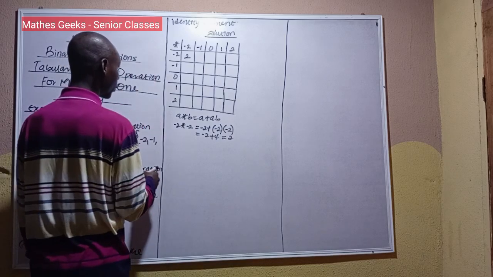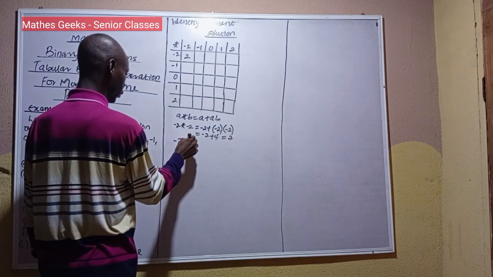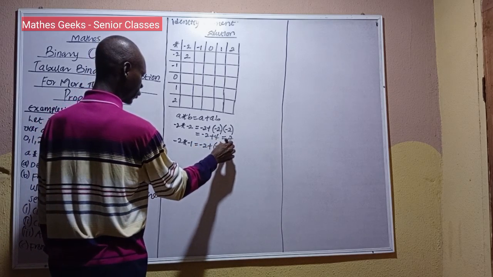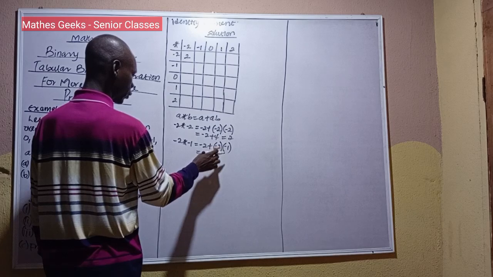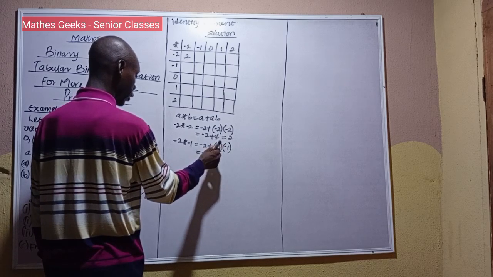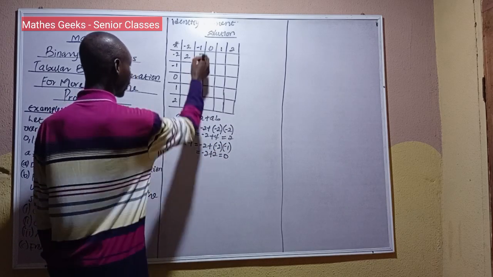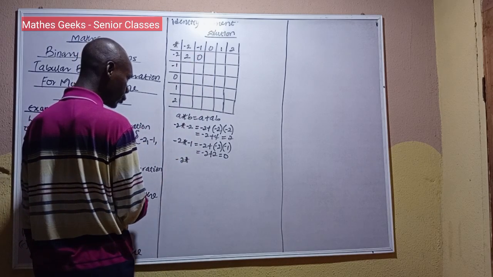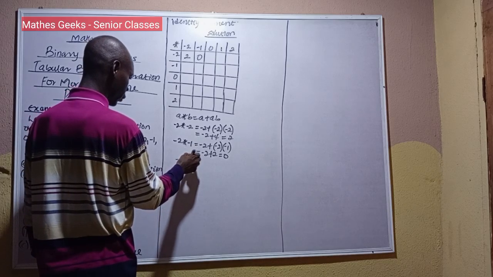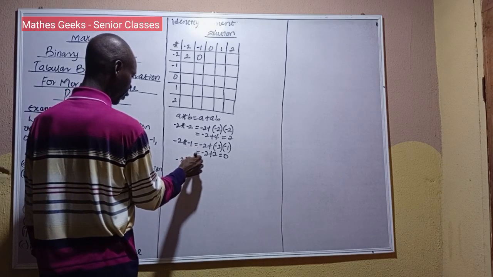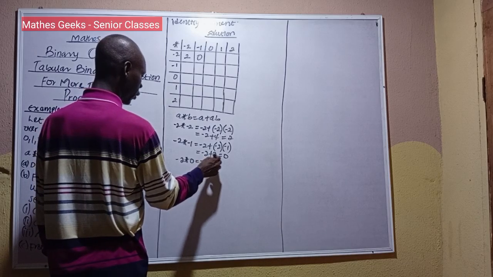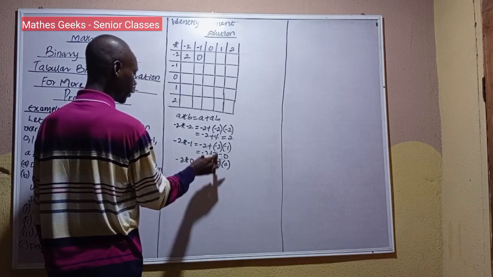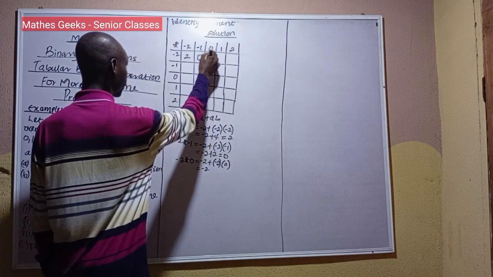Next, -2 operation -1: -2 plus -1, plus -2 times -1, which gives 2. Then -2 operation 0: -2 plus 0, plus -2 times 0 which is 0, so it's -2.